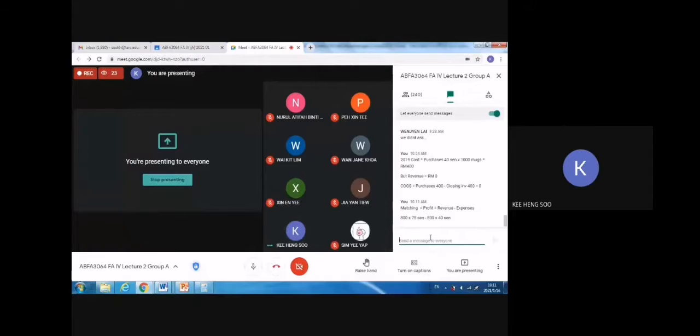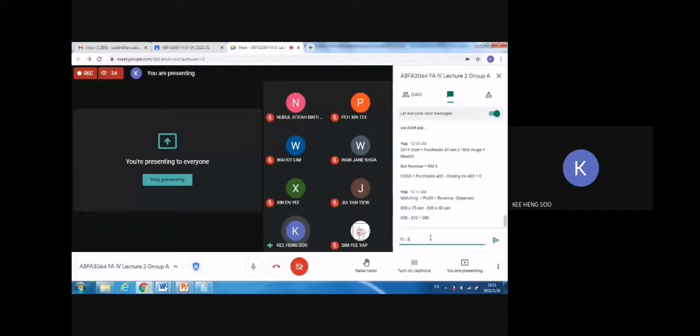So that is matching concept. You got it? So this one is 600, am I right? 600 minus 320. So your profit will be 280. Matching concept tells you that you must calculate your profit 280.